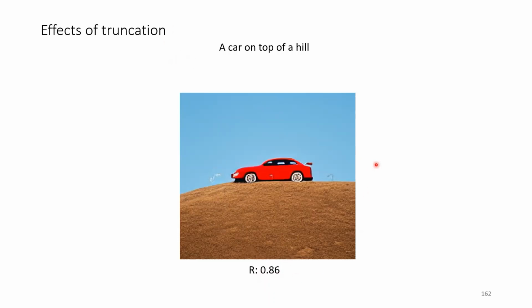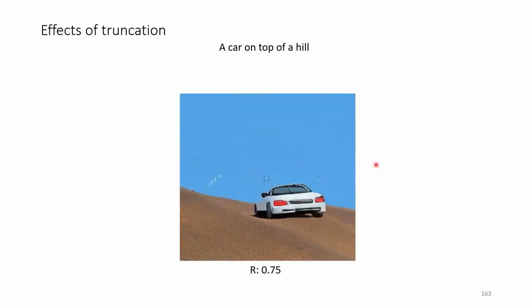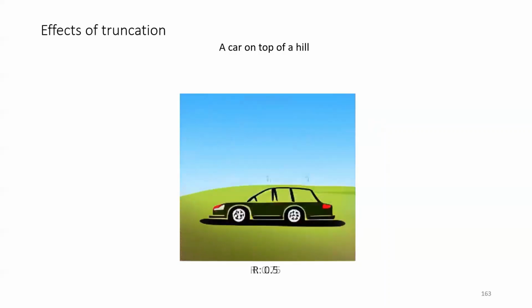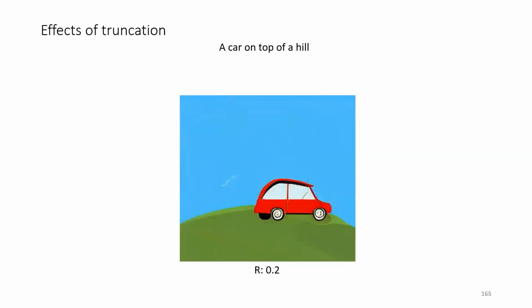Now, when I reduce the truncation rate to 0.75, this is the image that the model generates. Basically, it ignores some of the details and produces a finer image. And then as I further reduce the truncation rate to 0.5 and 0.2, we can see that most of the details have vanished and only the base image is being generated.